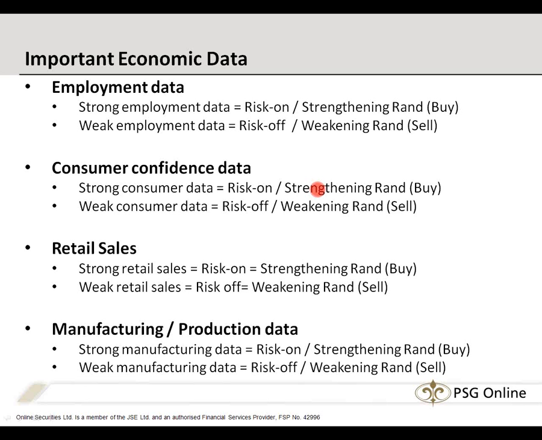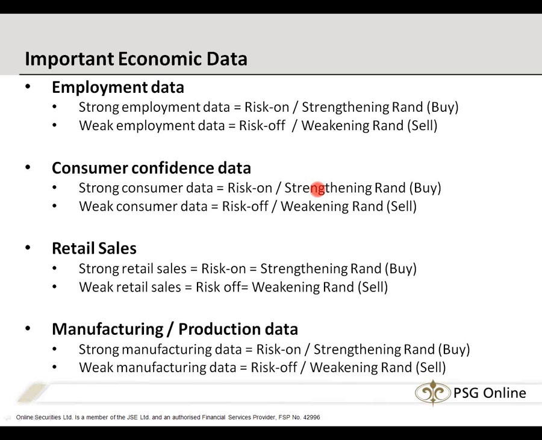I'm looking to take a higher return. So obviously you'll see a strengthening rand, so you'll go long or buy the rand. If it's weak employment data, the economy is not doing so well, you have more risk off, you see a weakening of the rand, and obviously you'll be selling. So I'm showing you the opposite. I can always say vice versa, but I want to write this out for you guys so you can see that scenario.